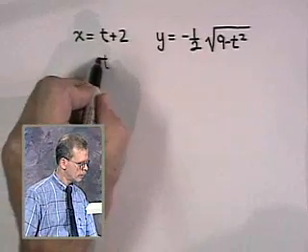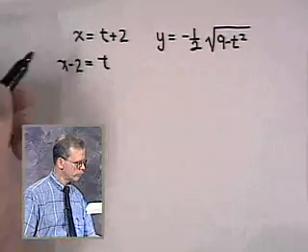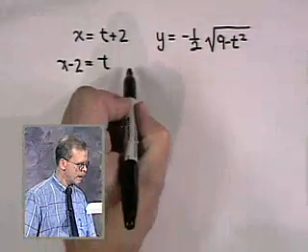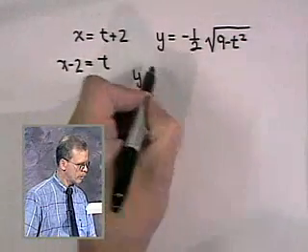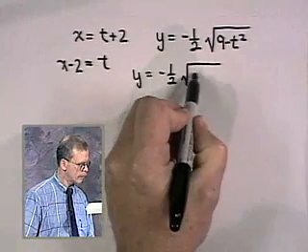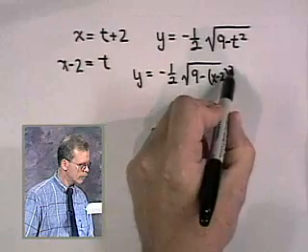So t equals x minus 2. Now we're going to take the x minus 2 and substitute in the y version. y equals -1/2 times the square root of 9 minus (x minus 2) squared.